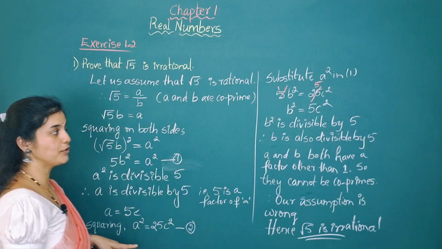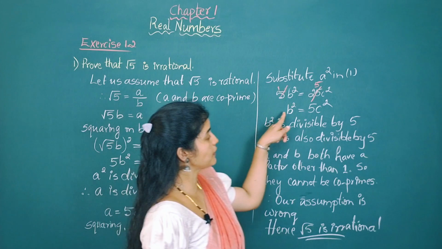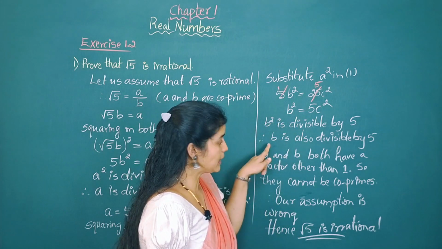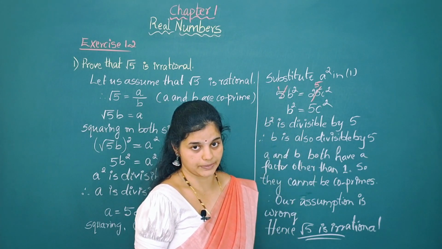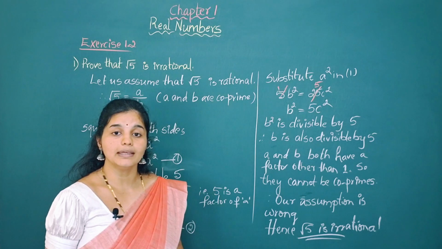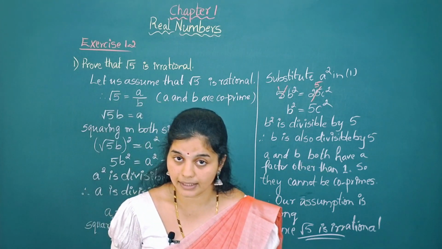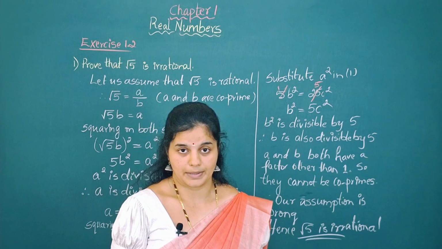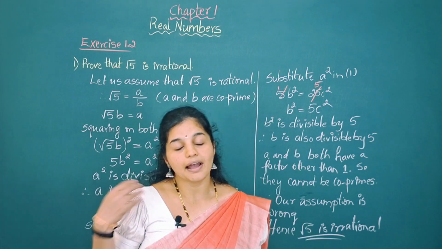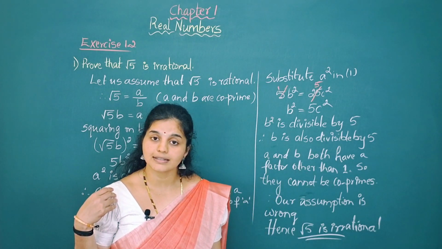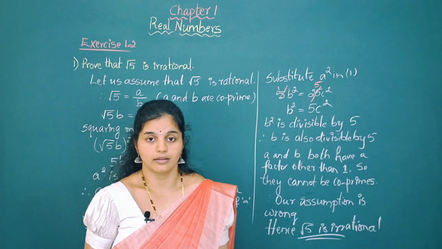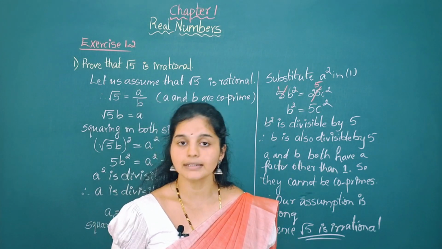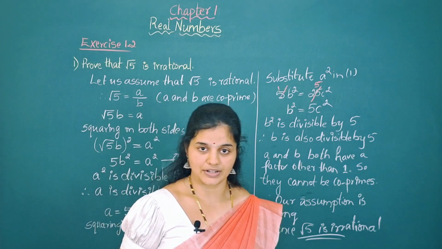Then, substituting for a in the equation, we come to know that b also has another factor. So, since a and b both have a factor other than 1, a and b cannot be co-primes. Hence, what we have assumed that root 5 is rational, that is wrong. So, we tell that root 5 is irrational.